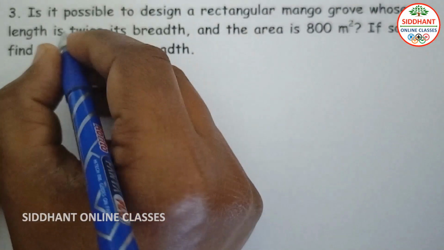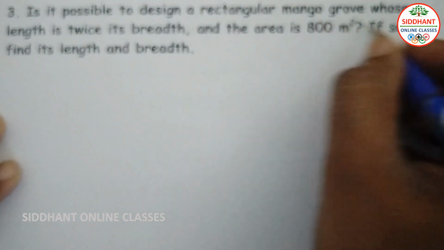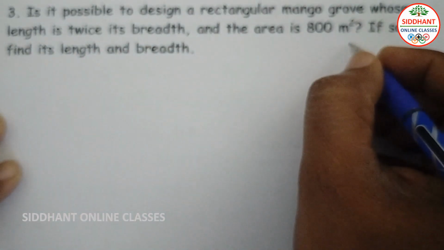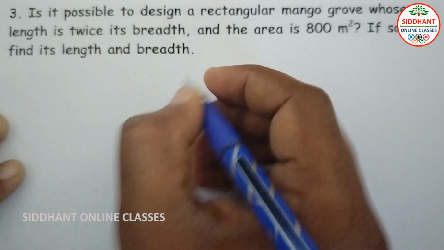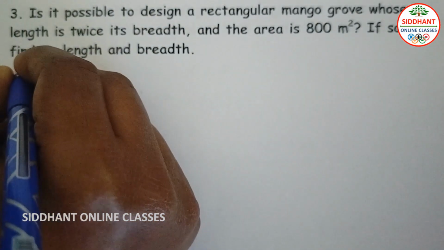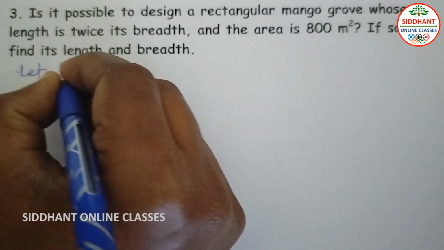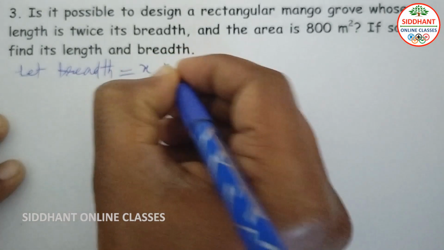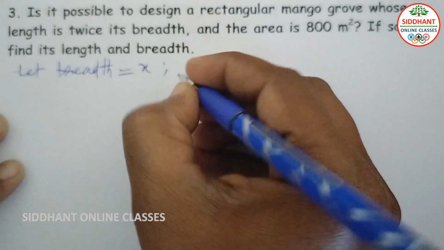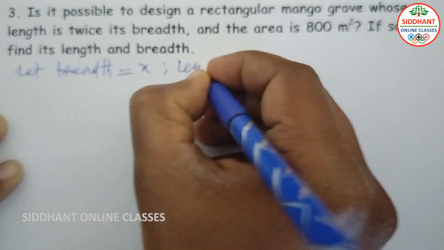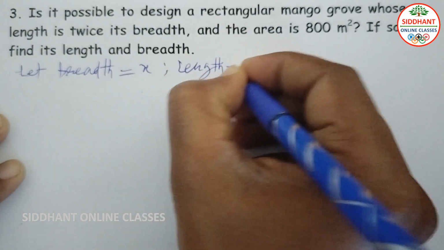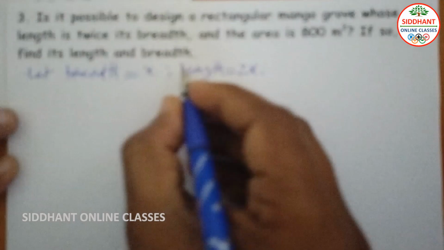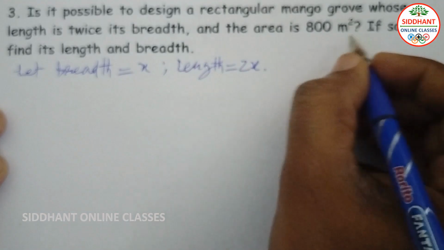Question number 3. Is it possible to design a rectangular mango grove whose length is twice its breadth and the area is 800 meters squared? If so, find its length and breadth. So here let breadth equal x. Then length is twice its breadth, that means length will be 2x. So the area is given, which is 800 meters squared.